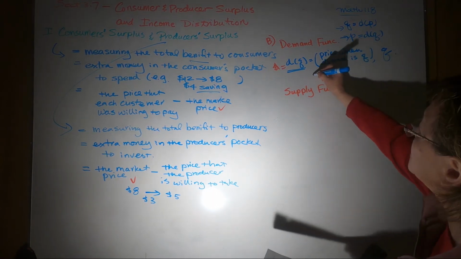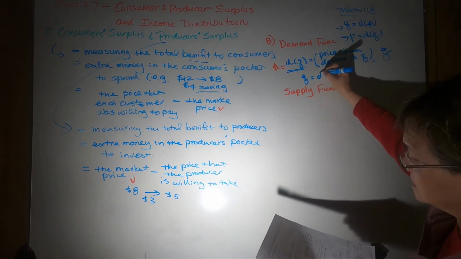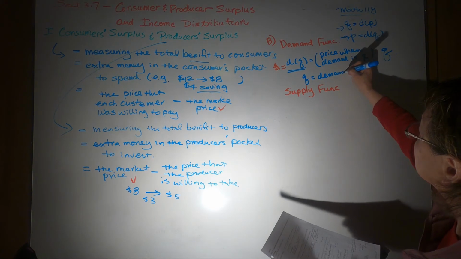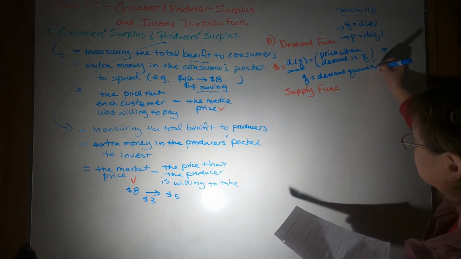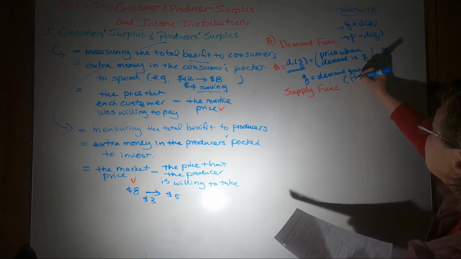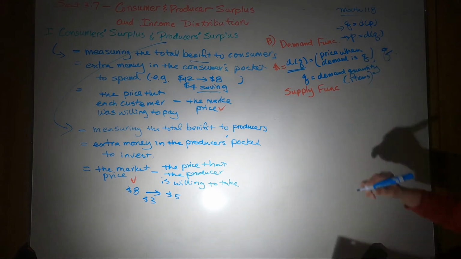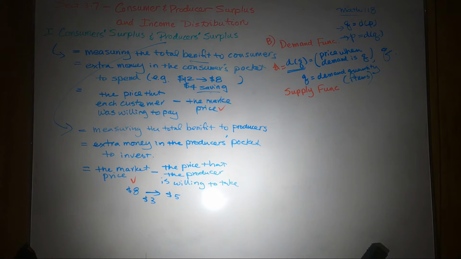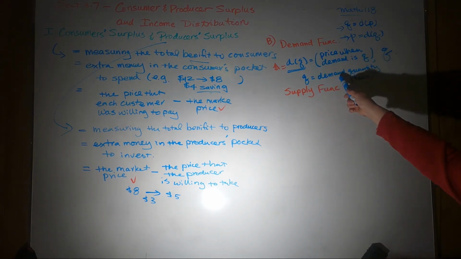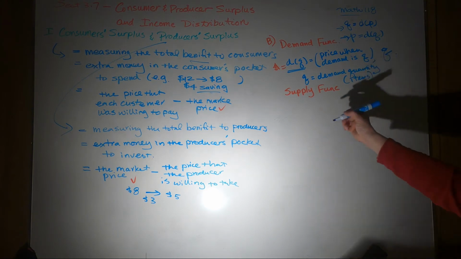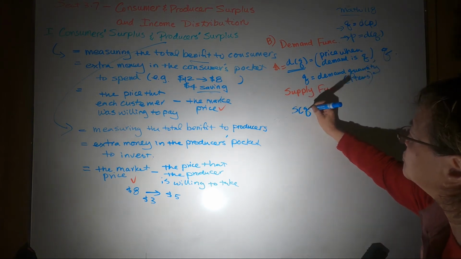So our Q is what? The demand quantity. That's your items, right? How many units? And supply function, if I use Q as a reference, that's my demand quantity. If I say S of Q, what do you think?